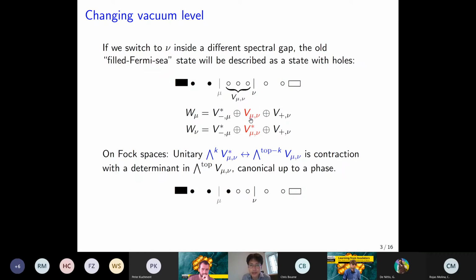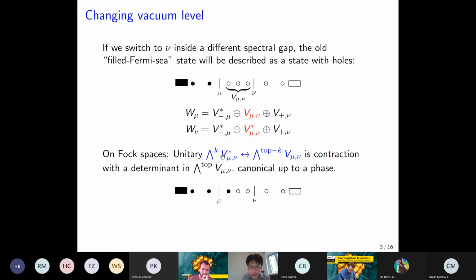So you have to be careful of what happens to v sub mu nu, and you convert it to the whole states, the dual, when you change the vacuum level. Now, this is not so serious, in the sense that at the level of the Fock space, there's a canonical isomorphism between the exterior power, the sub Fock space for this v sub mu nu, and v sub mu nu star.